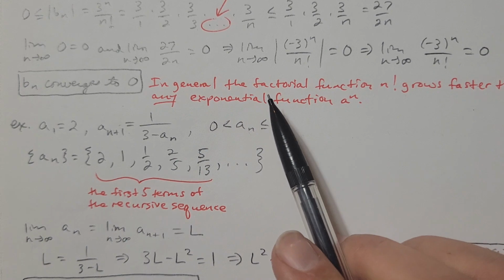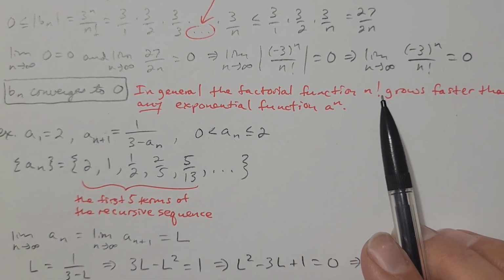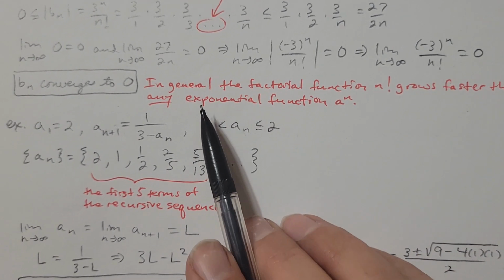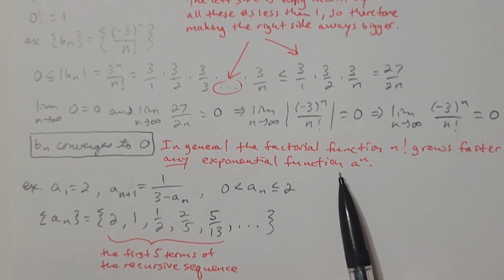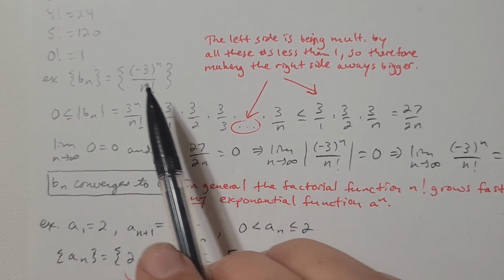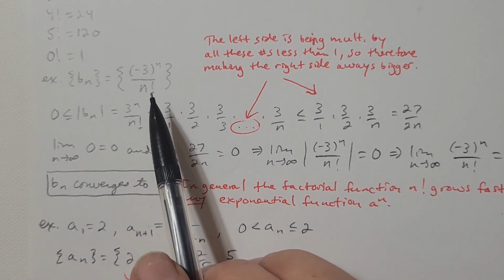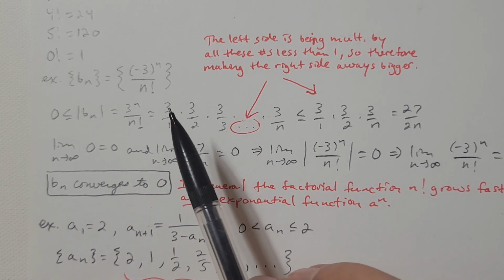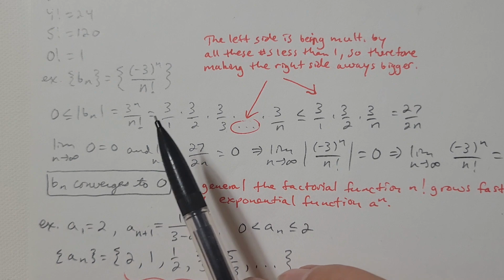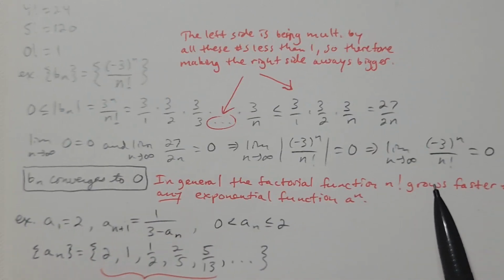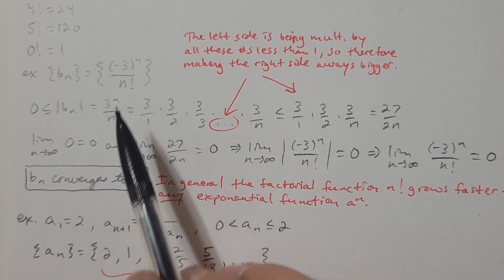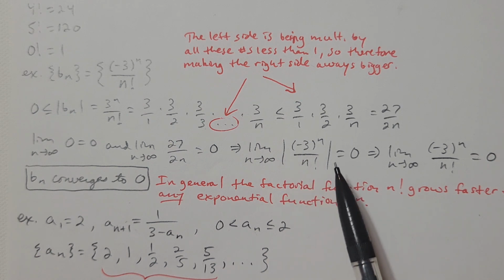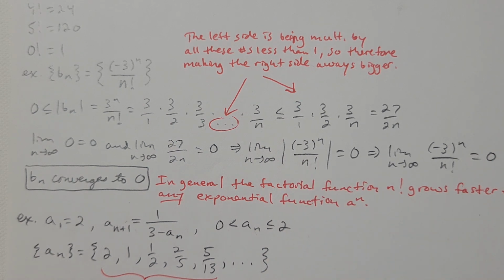In general, the factorial function grows faster than any exponential function a sub n. So because I have an n factorial in the denominator, I have a feeling that I'm going to be approaching 0, and that's exactly what happened here. I'm using this statement with the absolute value bars around the negative 3 to the n divided by n factorial.